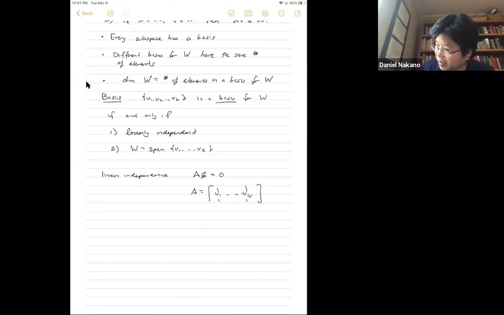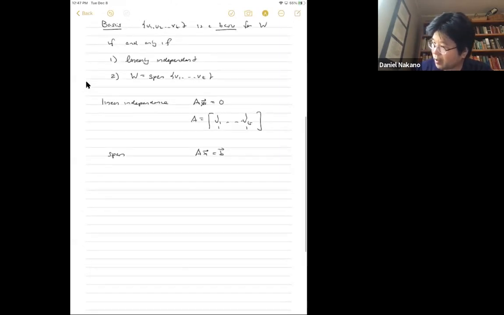And then spanning, you have to look at AX equals B. And so, of course, you're looking at the system of equations like this, and whether it has a solution or not. Okay, so we've gone over this several times, but you should definitely review it if you're not too confident about this.